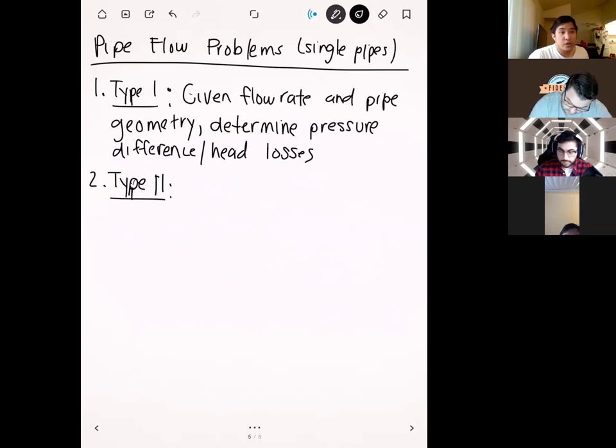Okay, and so let's go over type 2. Type 2, and type 1, sound similar. In type 2, I basically give you the pressure difference or the head losses and the pipe geometry.